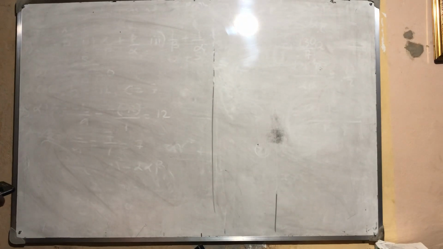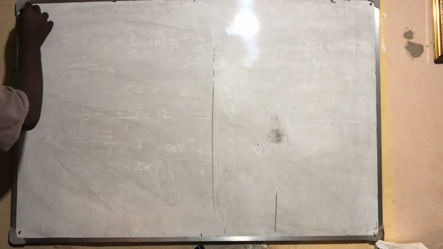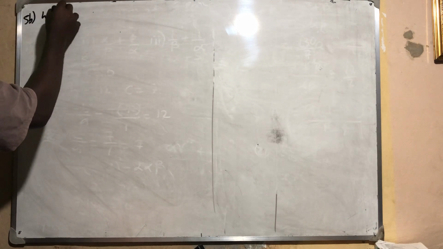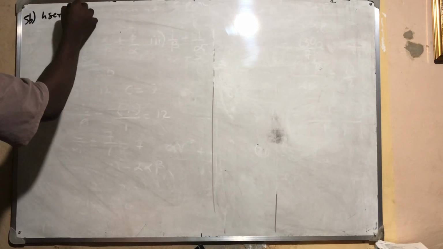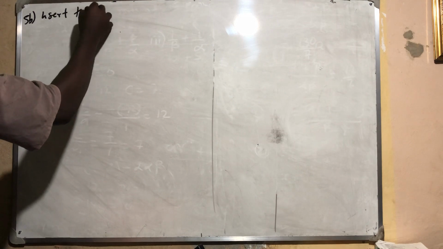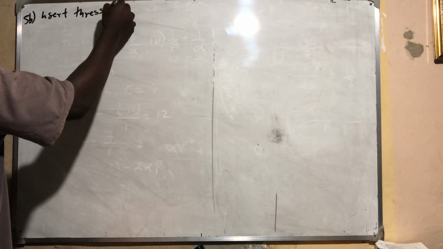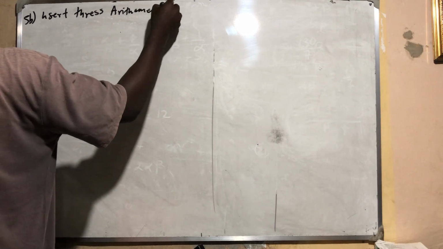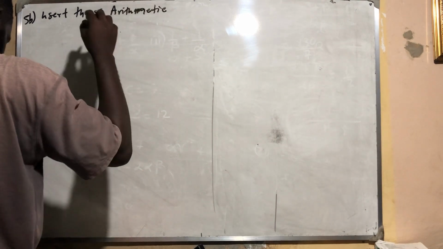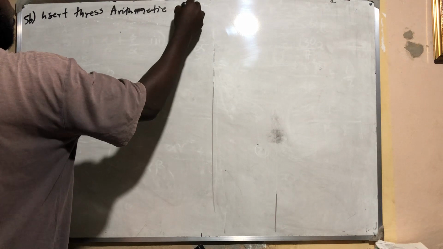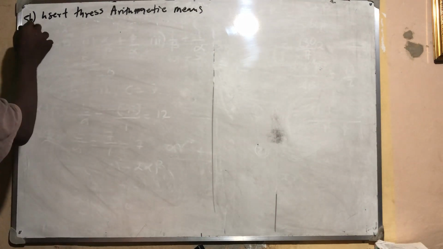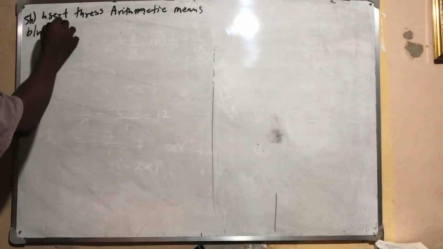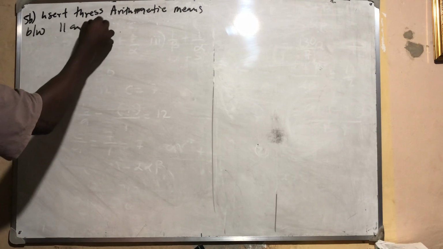So the next one, question number 5B said, insert 3 arithmetic means between 11 and 31.